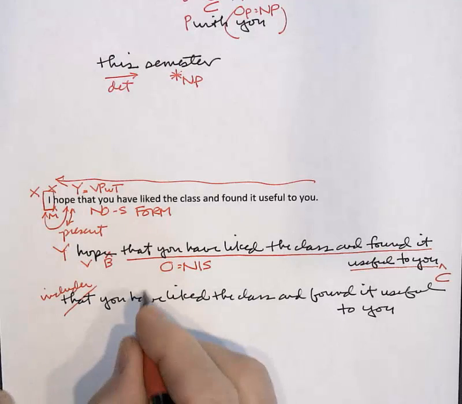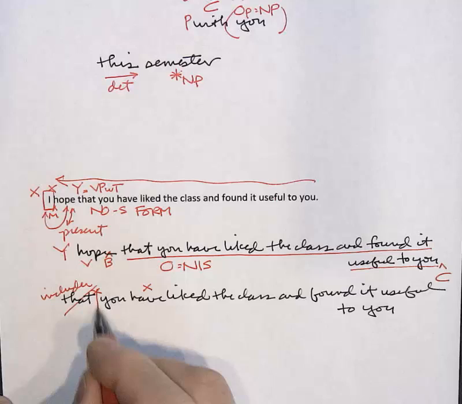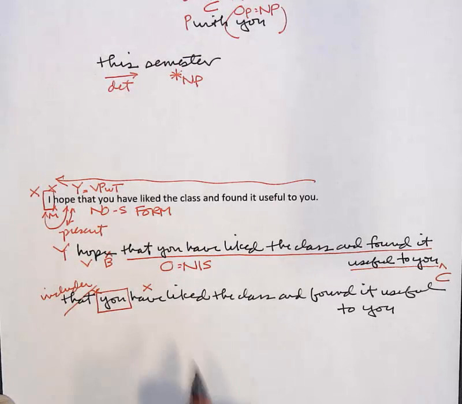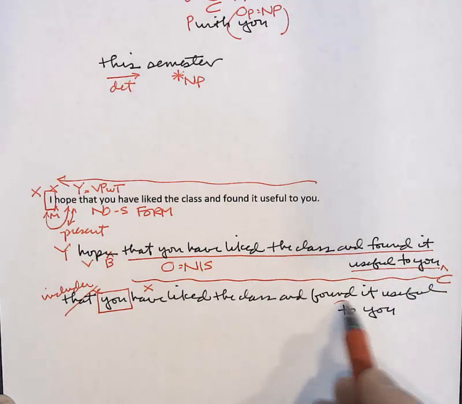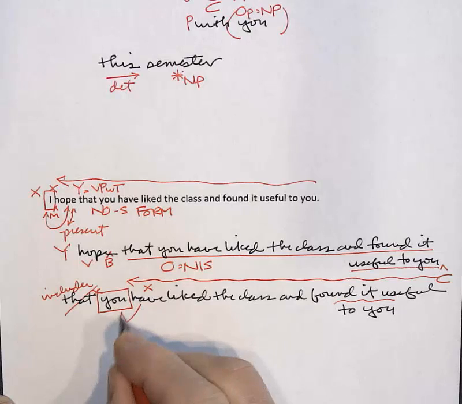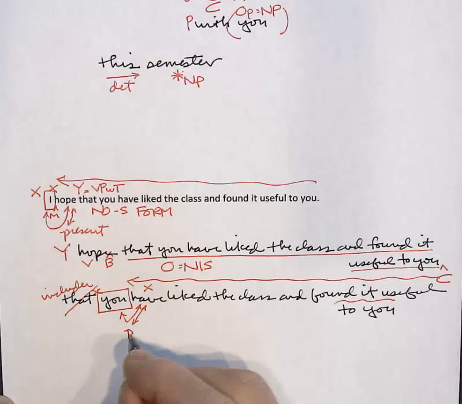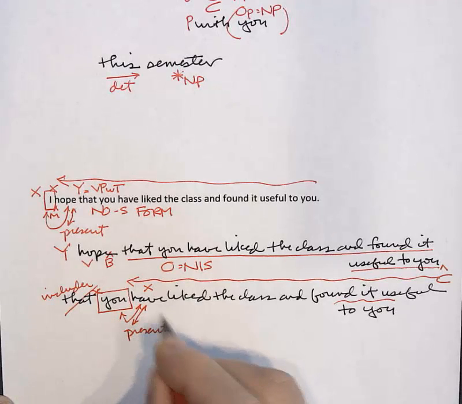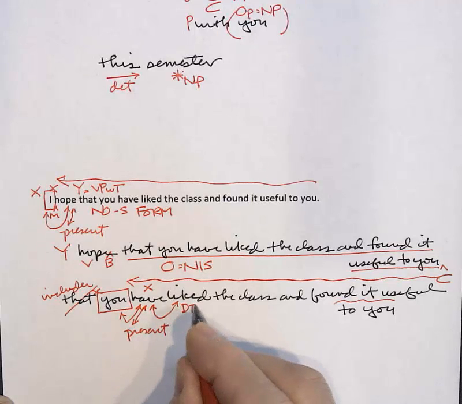There are no shifters. Have: you is the subject, and everything left is the predicate. Have ties with you, have ties with the present, have ties with liked. It's the DTN form.